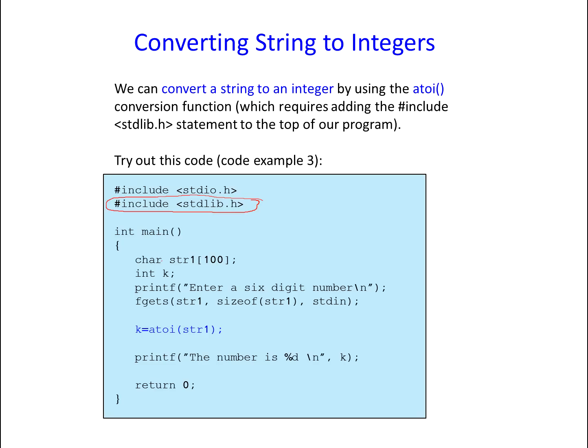To convert the string to an integer, we use the atoi function, which takes the string as the argument and assigns the actual integer value to k. Then you can actually print it out as an integer.